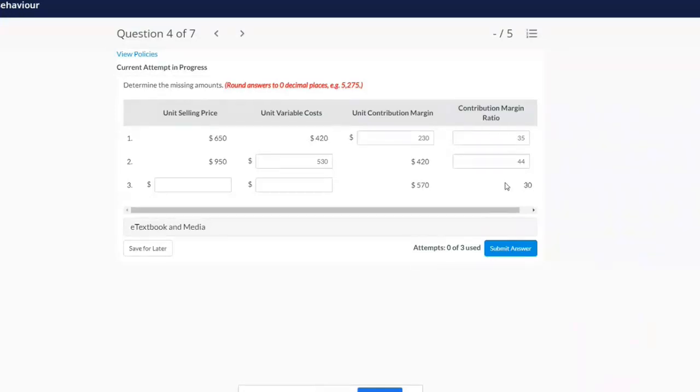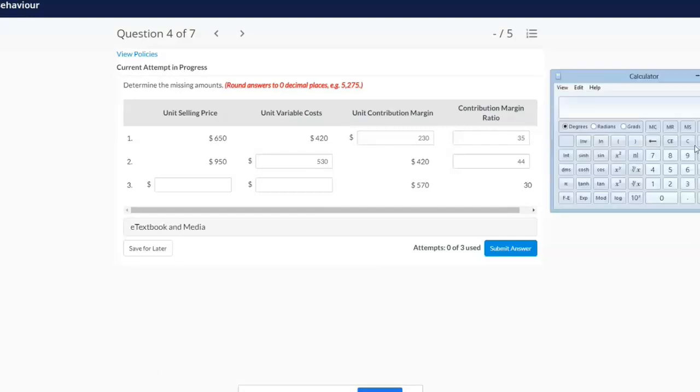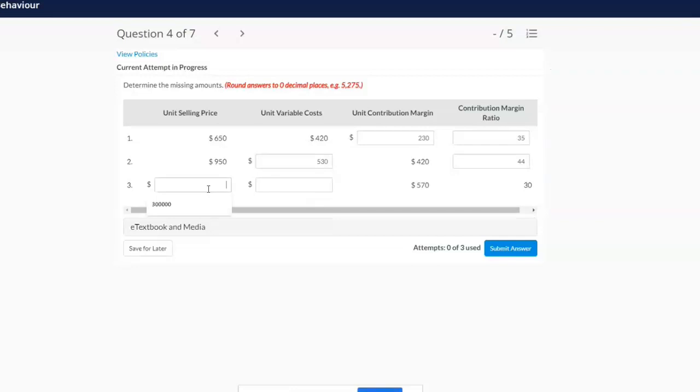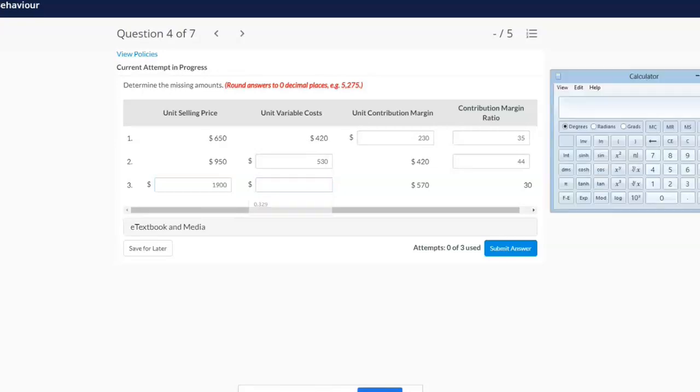Therefore, sales must equal 570 divided by 0.3. Then you got the contribution margin, and then you got the variable cost very easily.